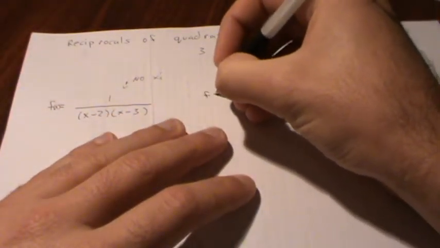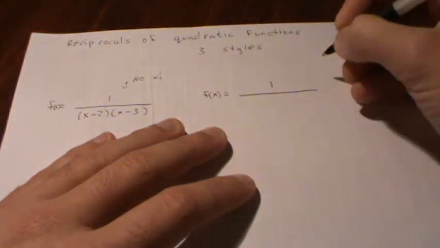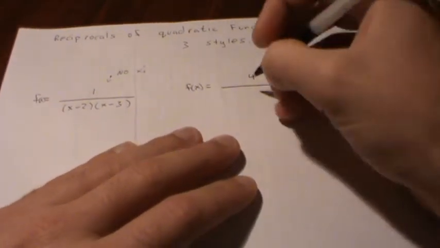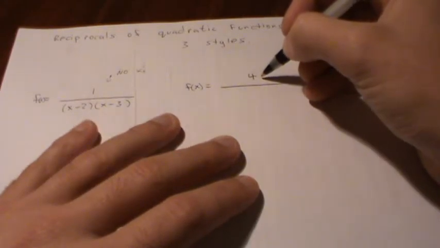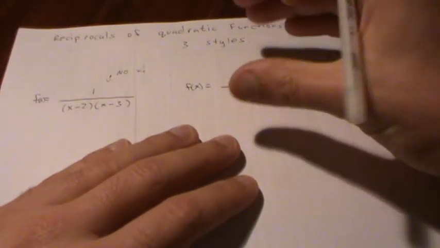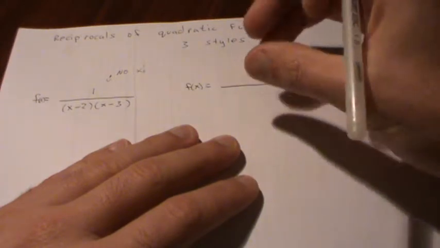Then we could have a quadratic function where there's some number, maybe I'll write a 4. This number doesn't have a lot of importance on the graph, but it does have a bit. It shrinks or stretches the graph depending on its value.